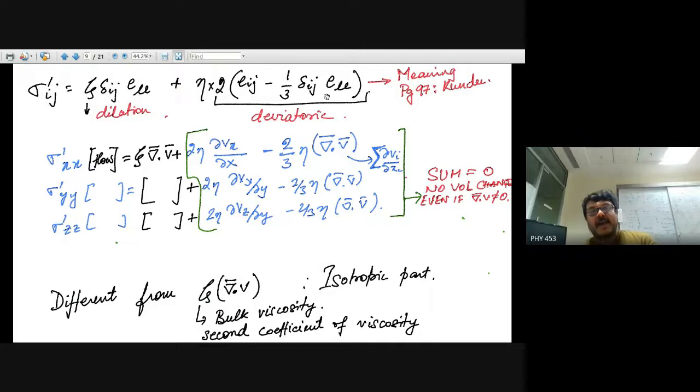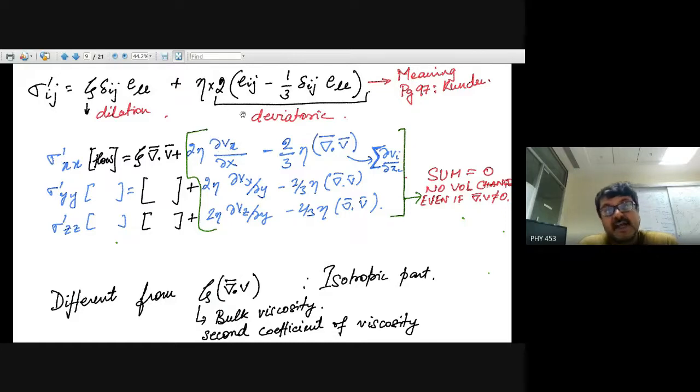And when you expand this, you have divergence V. This 2 eta is sitting here, and the 1/3 is sitting here, right? So you have these terms, and similarly you can write down for the y direction and sigma dash zz. So here what you see is that if there was a volume change, it would also contribute here.